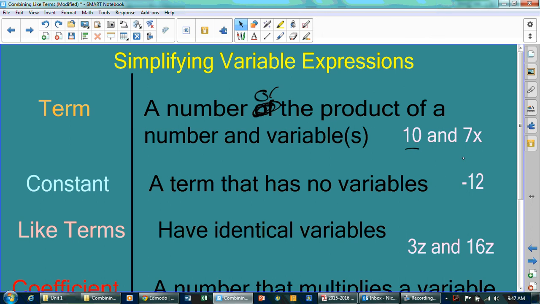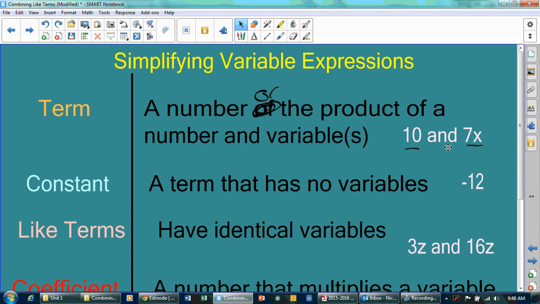So 10, 7x, those are terms. Okay. A constant is just a term that has no variables. So negative 12, 7, 3, 5. Those are all constants.